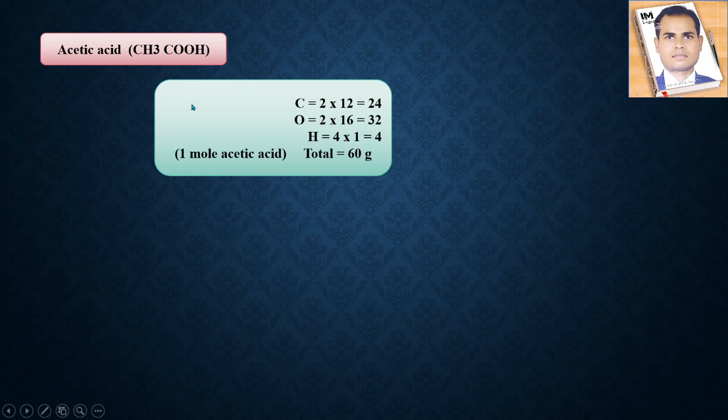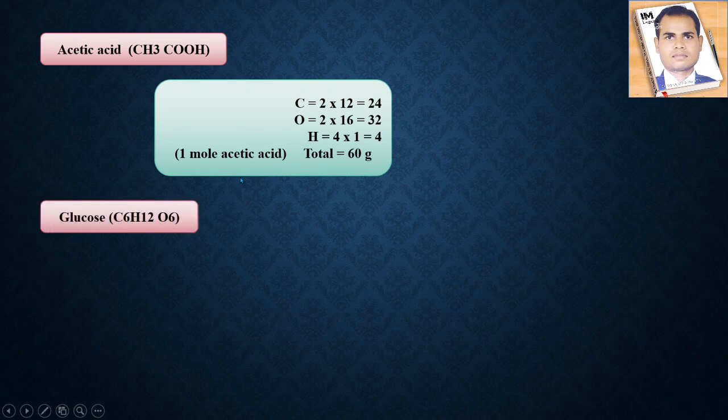The number of hydrogens is 4, and the mass of hydrogen is 1, so 4 into 1 is equal to 4. The total, 24 plus 32 plus 4, is equal to 60. So in this way we can calculate the molar mass of acetic acid.